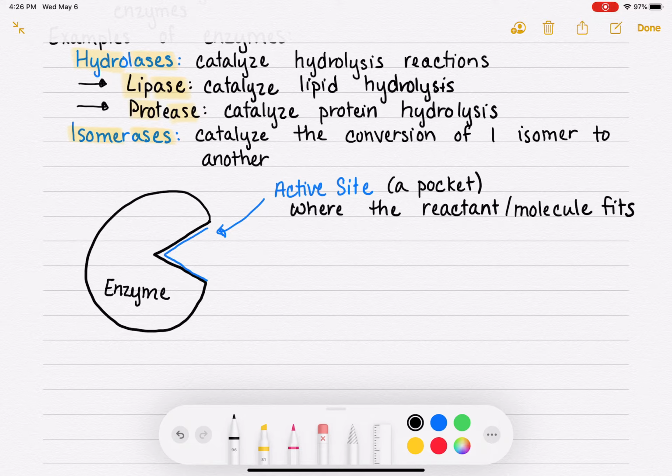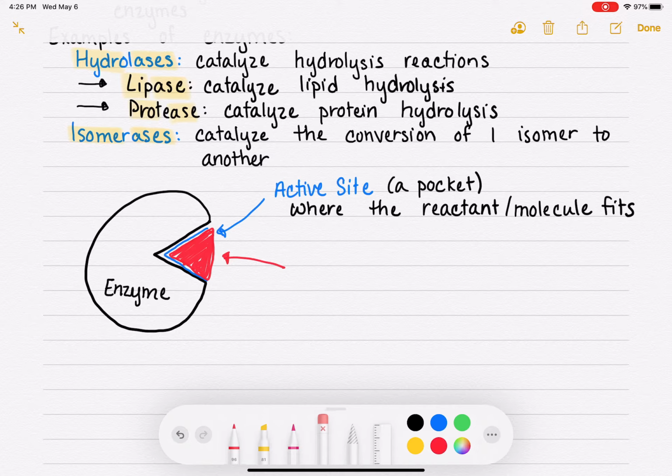So this molecule that we're going to work on, that our enzyme is going to work on, needs to be a perfect fit for the active site. So maybe our molecule has this triangle shape to it. So there's our molecule that is fitting perfectly inside the active site.